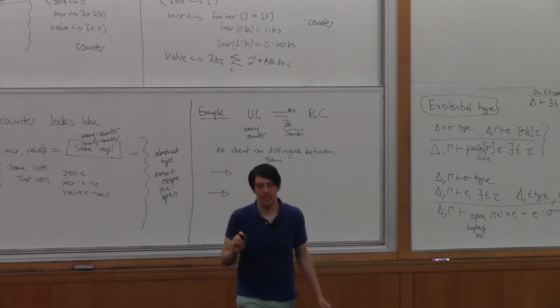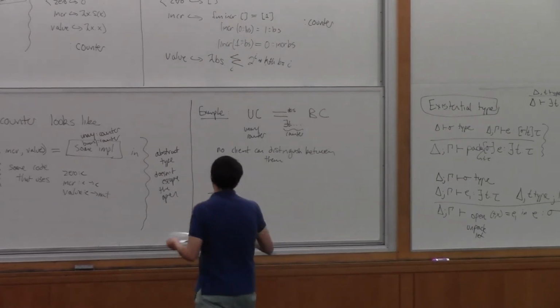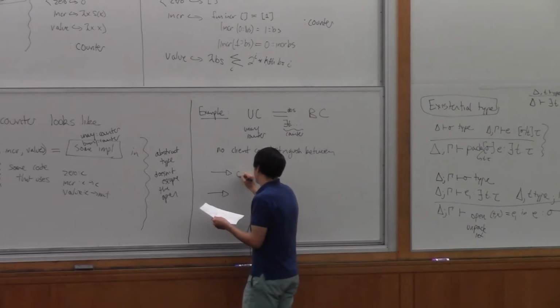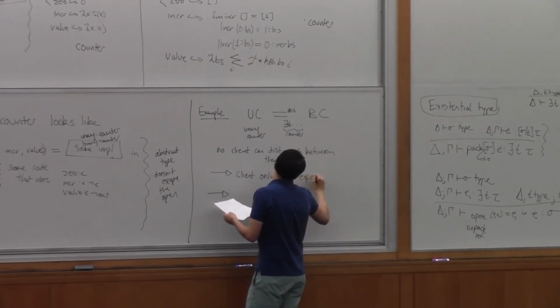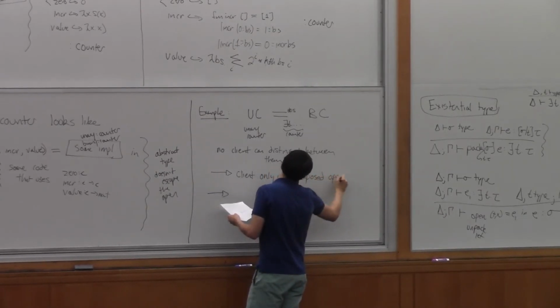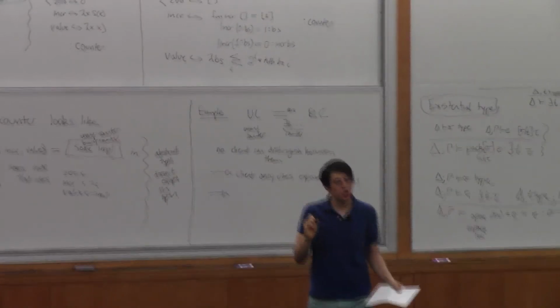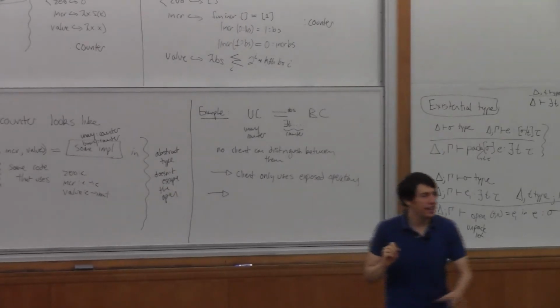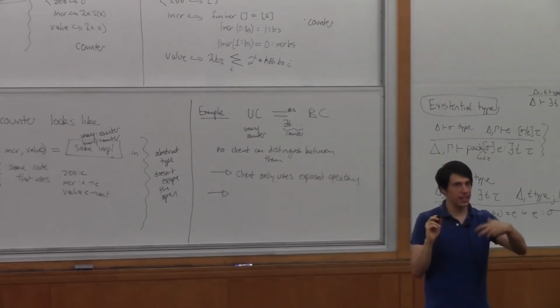There's two facts we need. The first is what we just said, that the client only uses the exposed operations, right? If the client opens the unary counter, it can't do an operation on a counter that only applies to a nat.